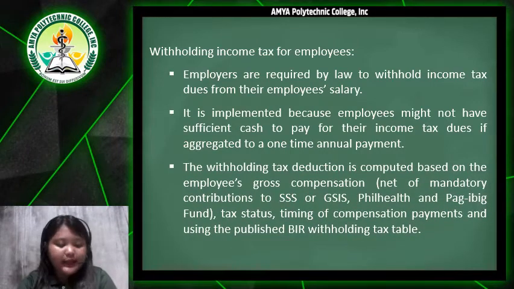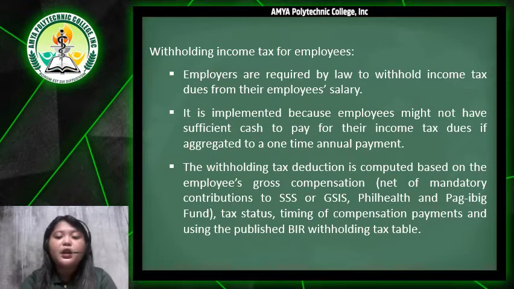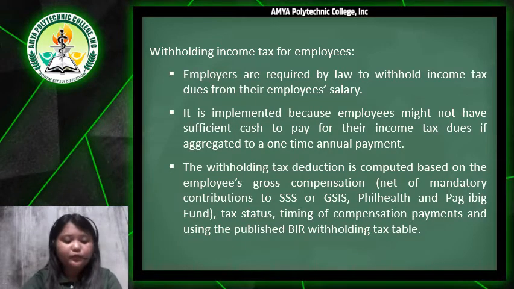So the withholding tax deduction is computed based on the employee's gross compensation or the net of mandatory contributions to SSS or GSIS, PhilHealth, and Pag-ibig Fund. So tax status, timing of compensation payments, and using the published BIR withholding tax table.